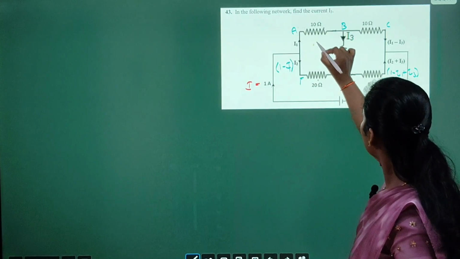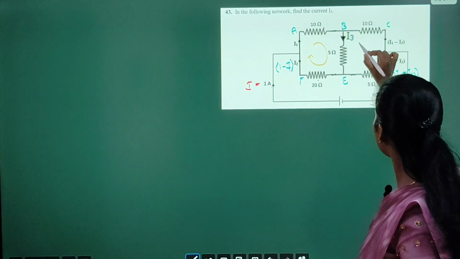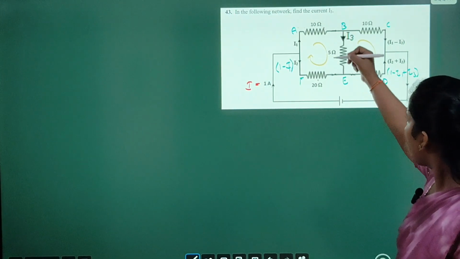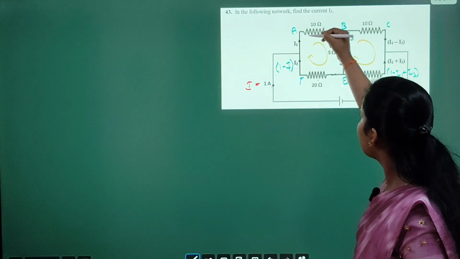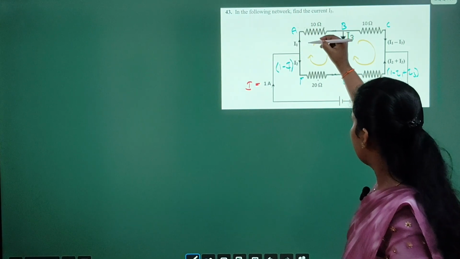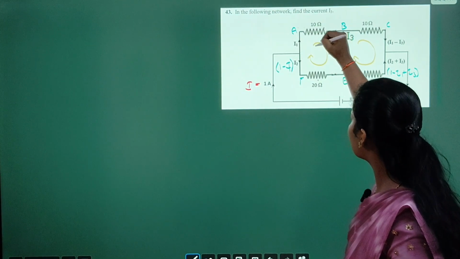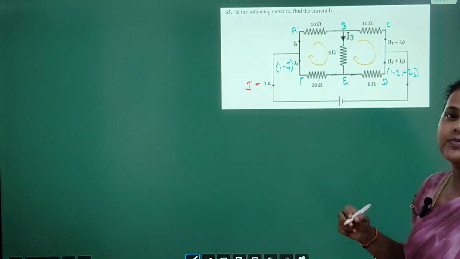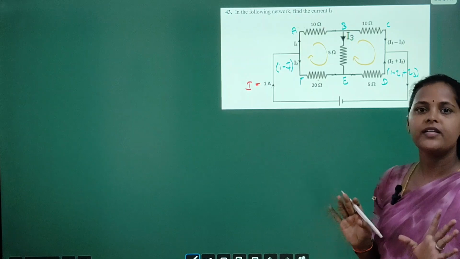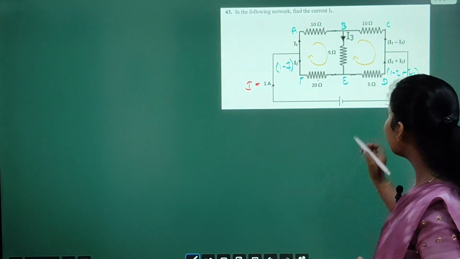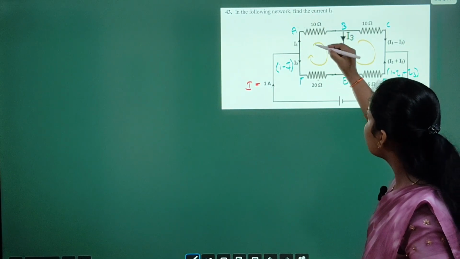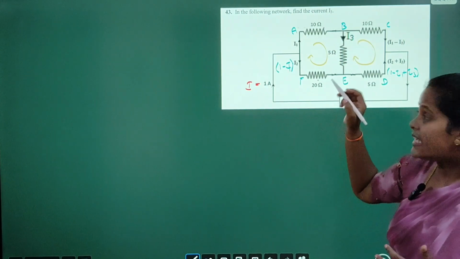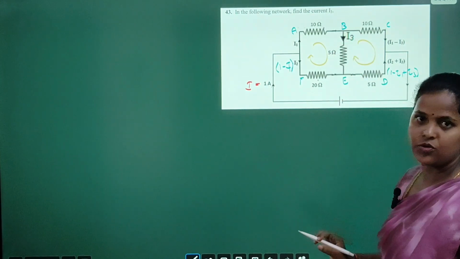This is the loop direction for this loop and this is the loop direction for this loop. If the current direction and the loop direction are the same, we have to keep the negative sign for the product of current and resistance. In the same way, if the current direction is exactly opposite to the loop direction, we have to take the positive sign.